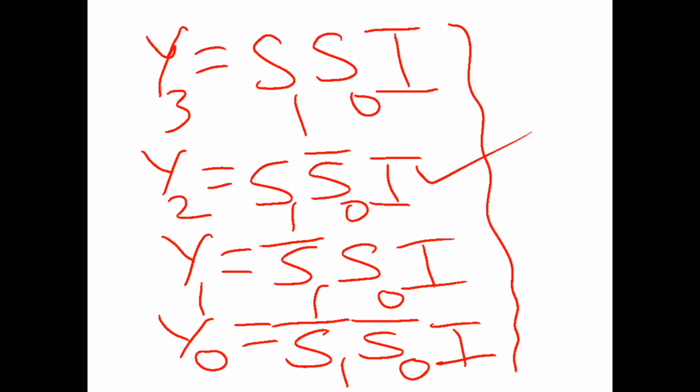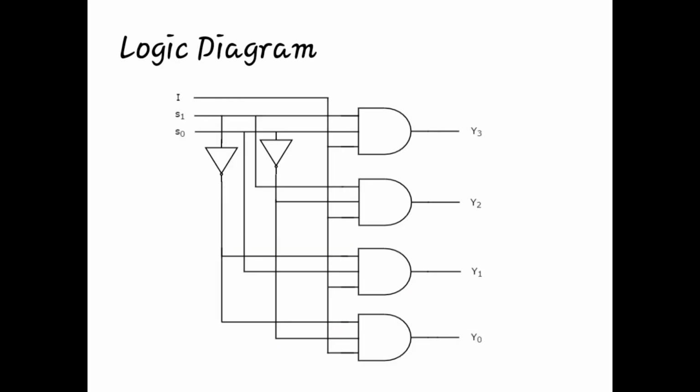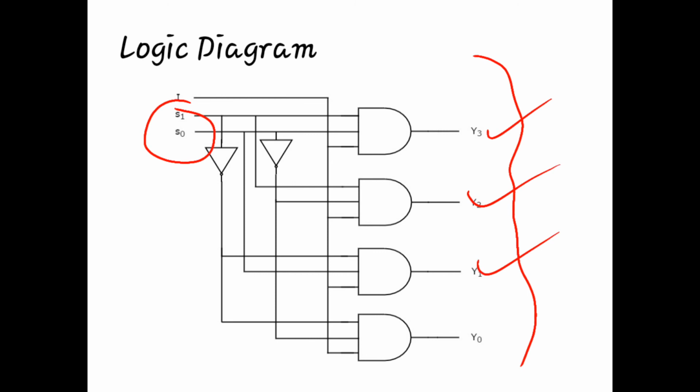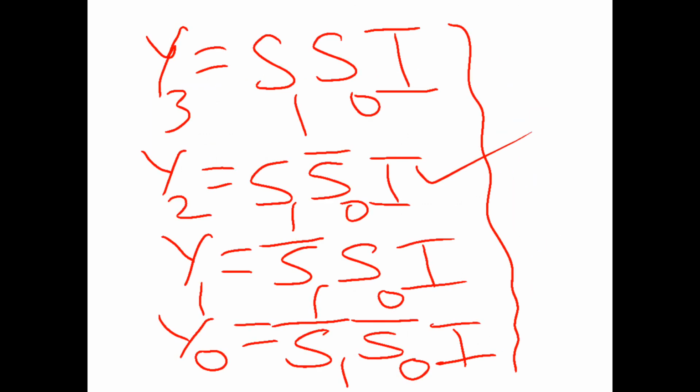Now the logic diagram. You can see there will be two select lines. There will be four output lines, let us say represented as Y0, Y1, Y2 and Y3. And the single input, let us say represented as I. So these expressions, you can see, first one is Y3.